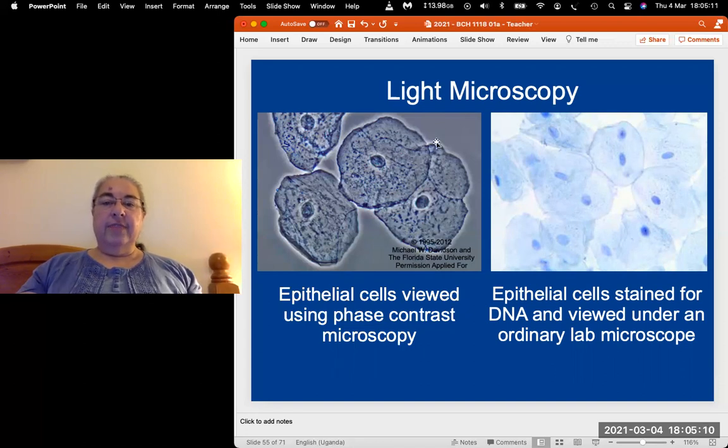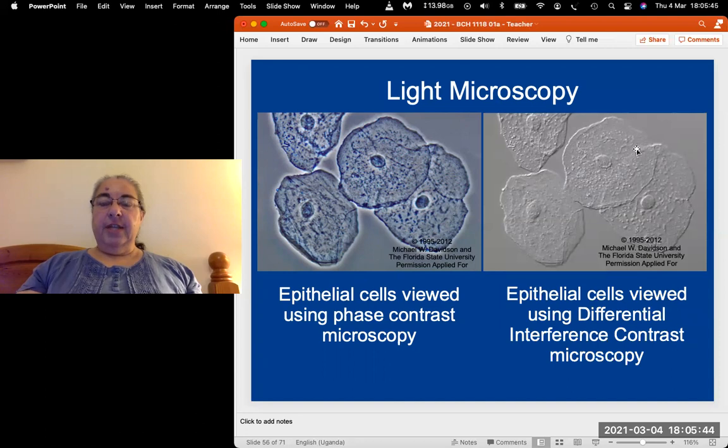This allows you to see some things that you can't see in the staining view. You can see the cell membrane very clearly. You can see a membrane around the nucleus, and you can also see some structures within the cell. Remember, this is just using light and using a particular technique of the way that the light passes through the specimen.